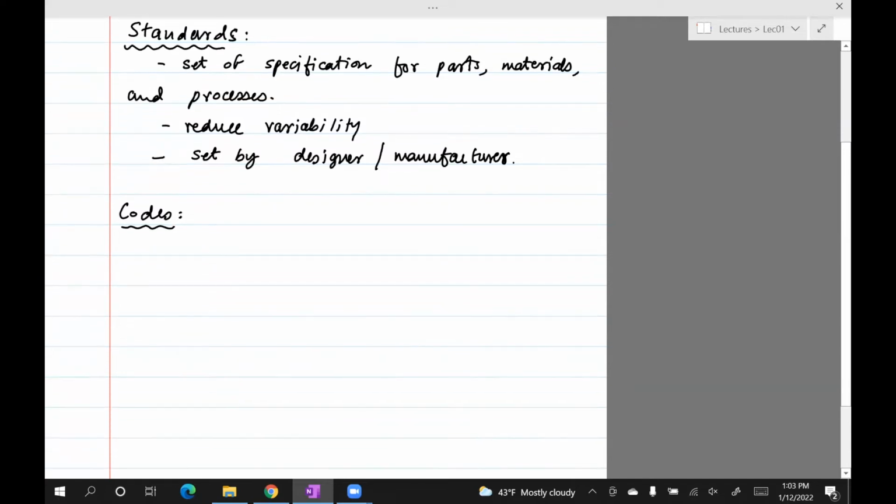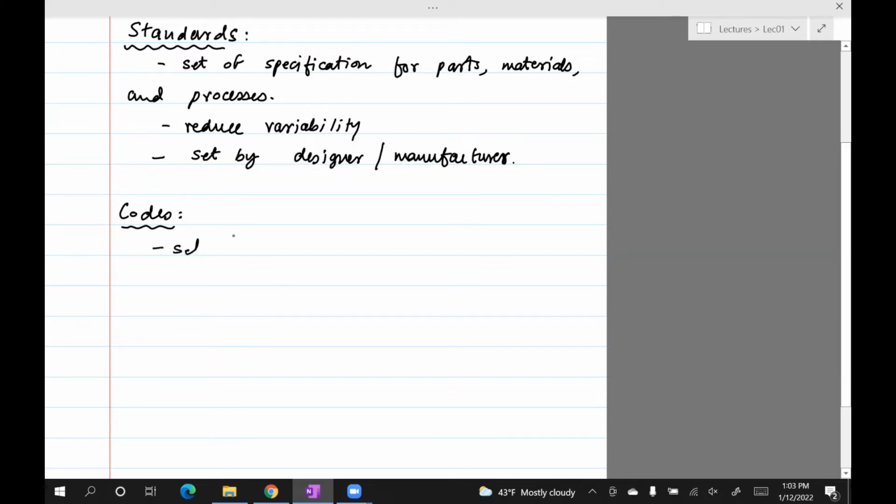They are also a set of specifications for the analysis, design, and construction of an object, but they are actually set by the state or federal government. So once they're set by the state and federal government, they are bound by the law. And if you don't meet those codes, then you are in trouble because then somebody can sue you.